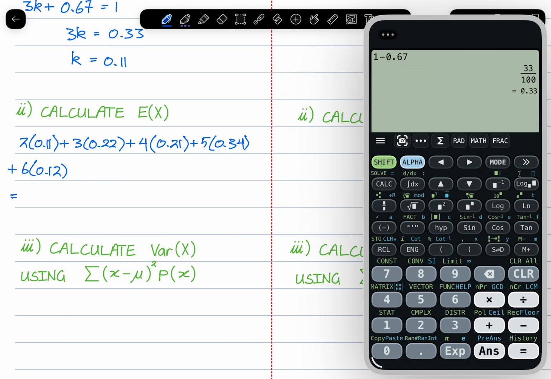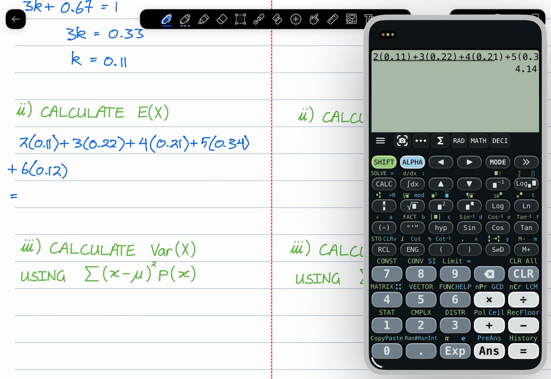And just literally typing all of this into our calculator. So 2 times 0.11 plus 3 times 0.22 plus 4 times 0.21 plus 5 times 0.34 plus 6 times 0.12.